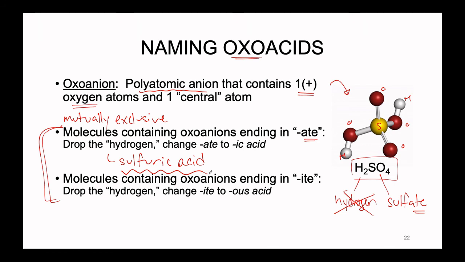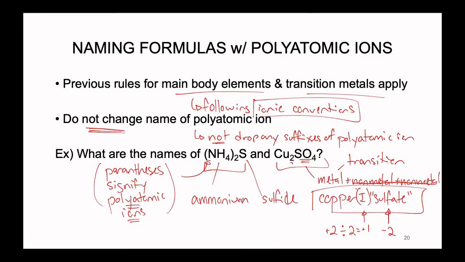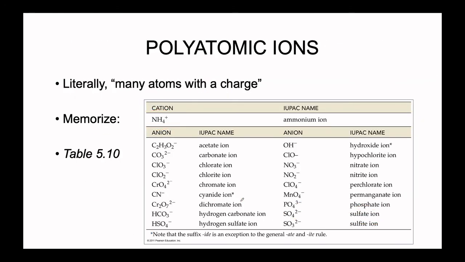Now, if hypothetically our oxo anion had ended in ITE, we would drop the hydrogen, change the ITE to ous acid. So there are a couple of examples of polyatomic ions that end in ITE. If we go back to the table, all the way back to the table and clean this up, we can see, for instance, right here, there is a polyatomic ion that ends in ITE.